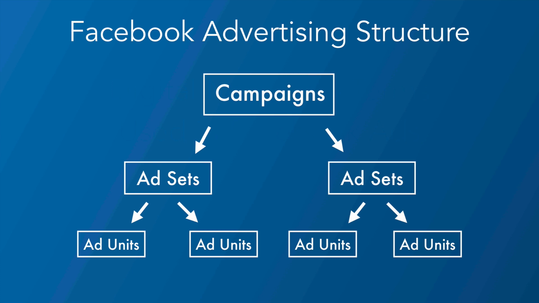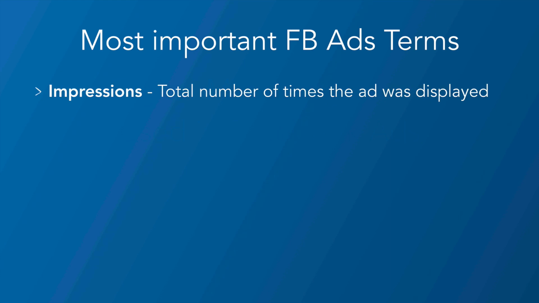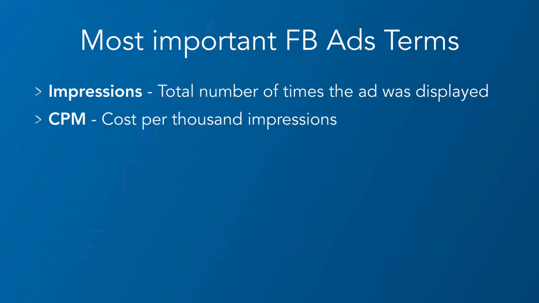Now let's have a look at some of the frequently used terms and definitions inside Facebook ads. You have something called impressions. Impressions is the total number of times the ad was displayed, and this is not the same as the total number of people reached. CPM is the cost per 1000 impressions.